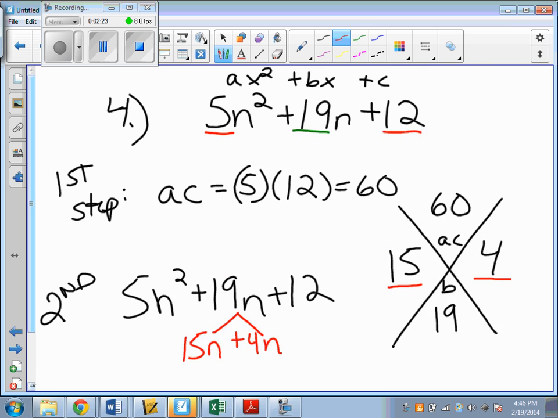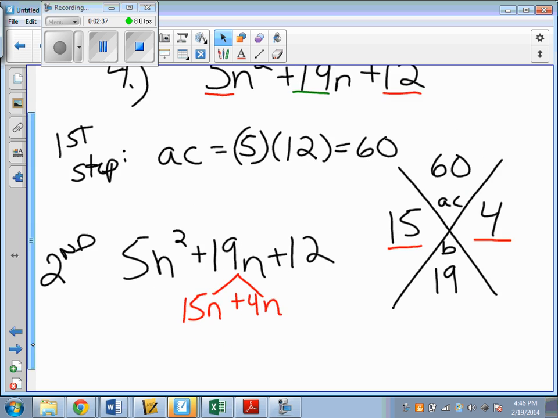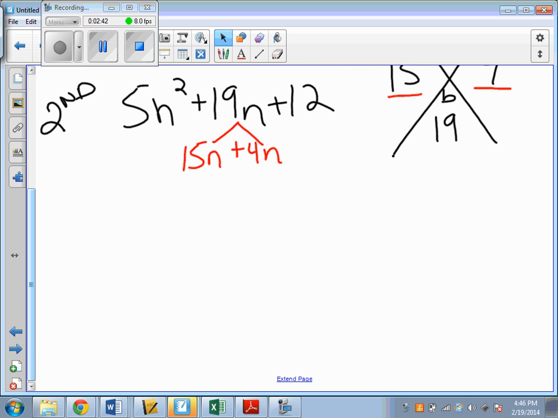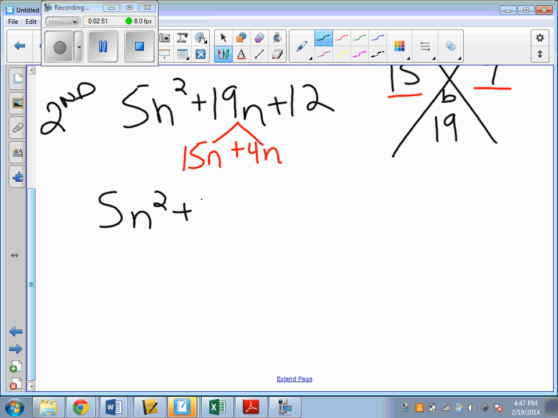So if I rewrite this, sorry, it does not want to scroll down to the bottom. Let's try that again. I'll just extend the page. Okay, sorry about that. All right, so we can rewrite this equation as 5n squared plus 15n plus 4n plus 12.